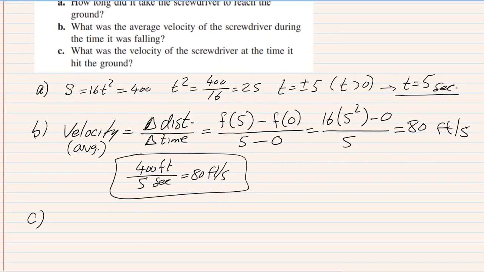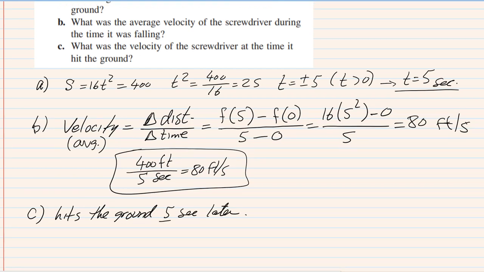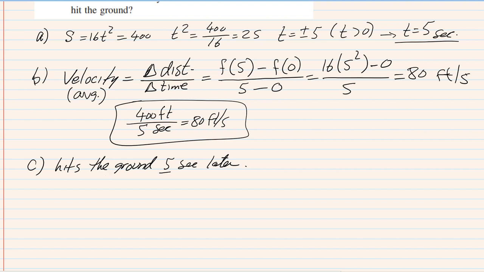the formula earlier. Now in part C, what was the velocity of the screwdriver at the time it hit the ground? Okay, so it hits the ground 5 seconds later, right? So we want to know in that instant of time what the velocity is. So we're looking at instantaneous velocity now.